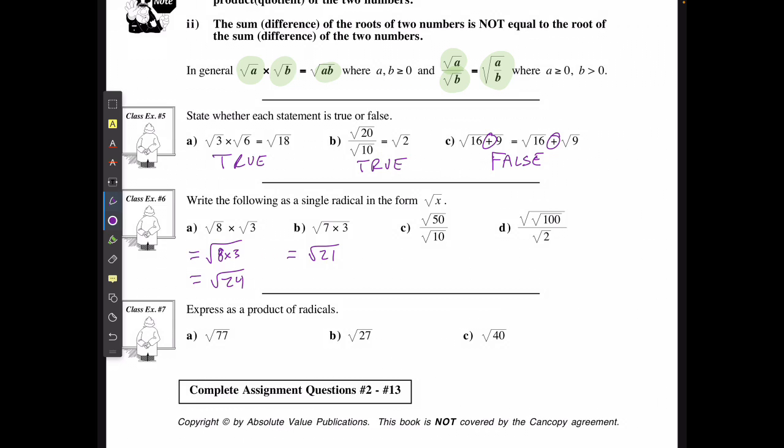The square root of 50 divided by the square root of 10, 50 divided by 10 is going to be 5. So it's just the square root of 5. When I get to example D, the square root of 100 divided by the square root of 2, well, the square root of 100 is 10, so this would just simplify to the square root of 10 over the square root of 2, and 10 divided by 2 is going to be 5, so it's just the square root of 5.